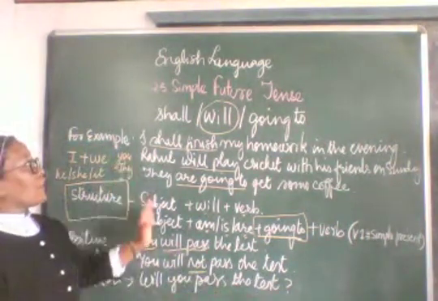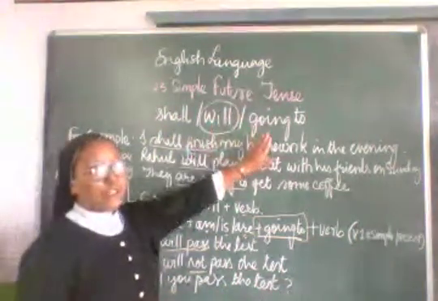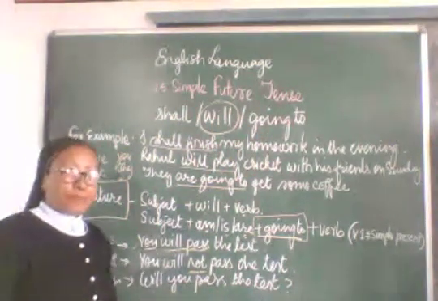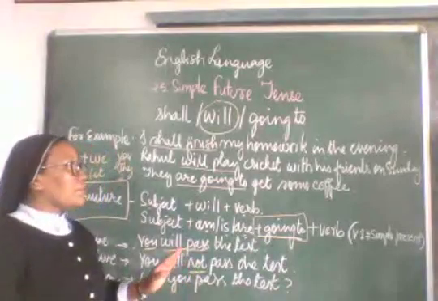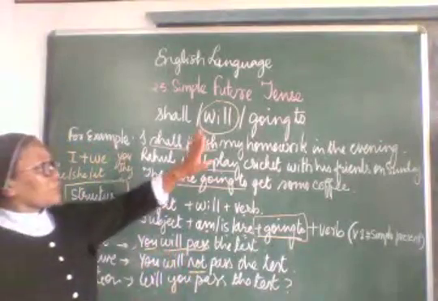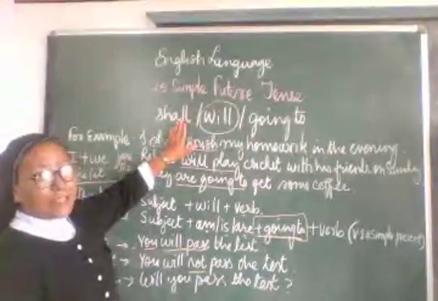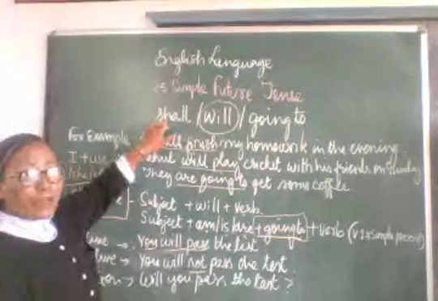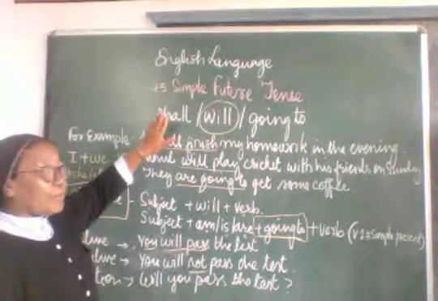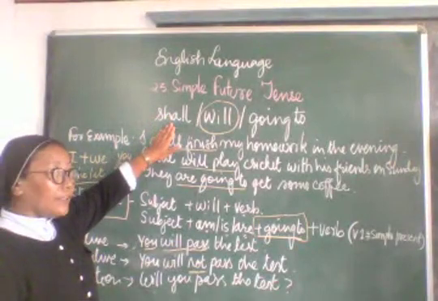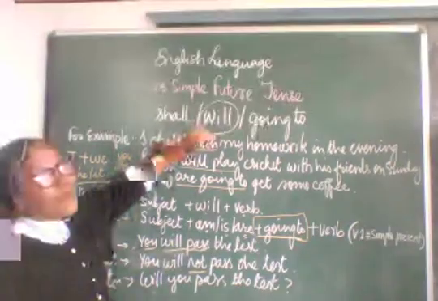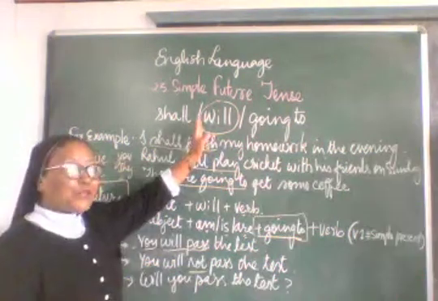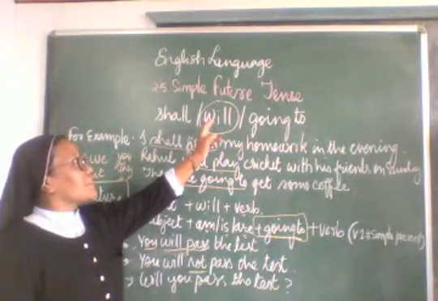So you have seen the use of shall, will, and going to in positive, negative, and question forms. All right. So remember, children, this shall we usually use for I and we, but don't worry, if you have used will, it is not wrong. Shall is more formal, but more in use, and correct in use, is will.